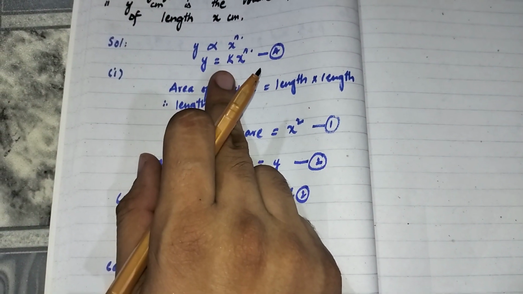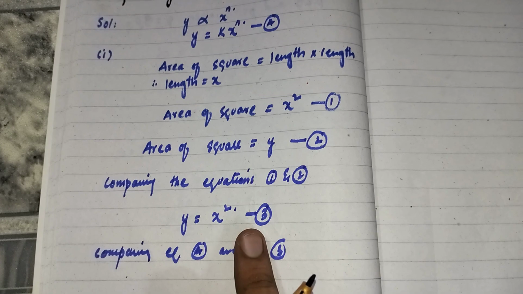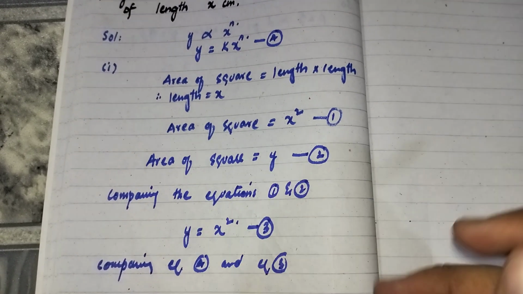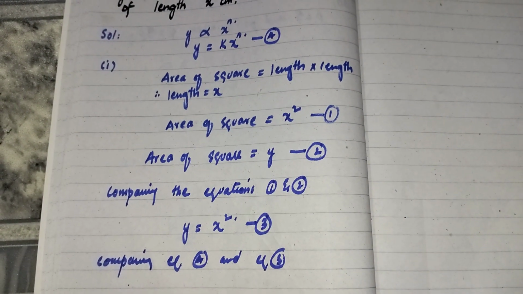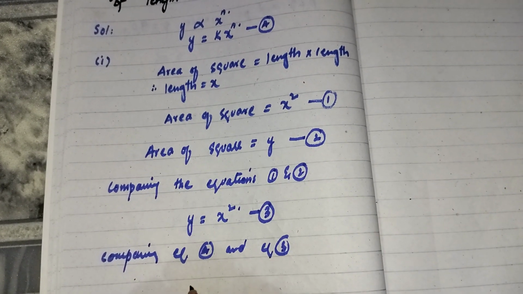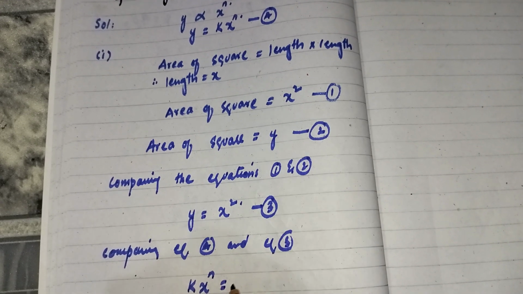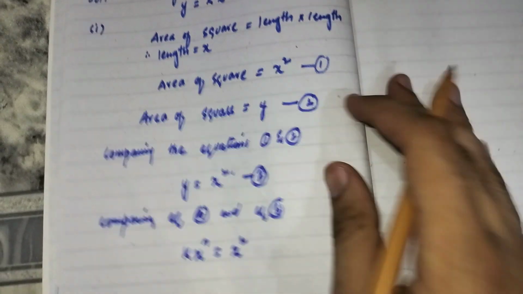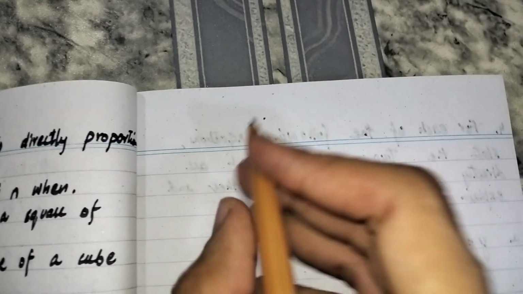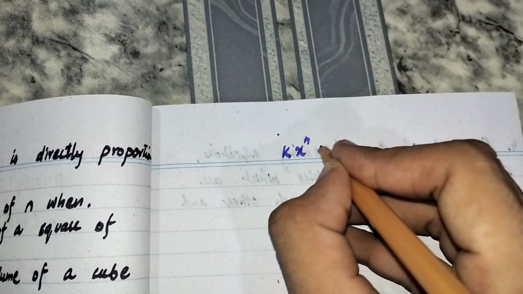In equation A, y is equal to k x power n, and in equation 3, y is equal to x square. In both equations, the values of y are given. So comparing equation A and 3, k x power n must be equal to x square. I am writing this equation here: k x power n is equal to x square.